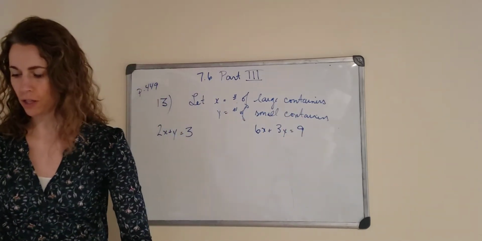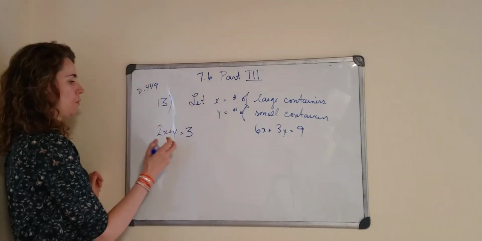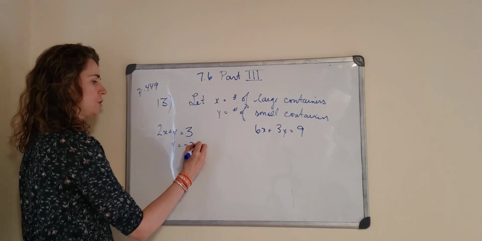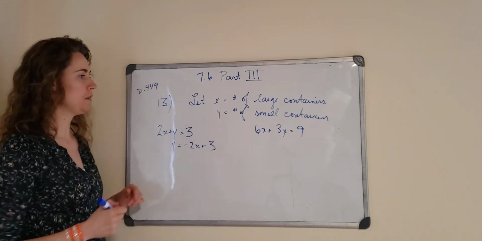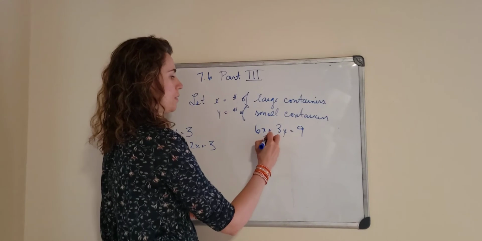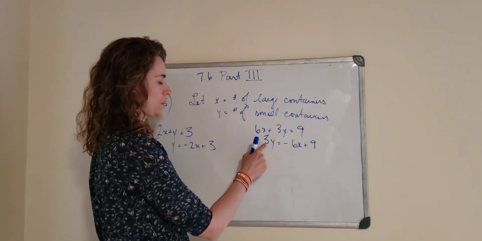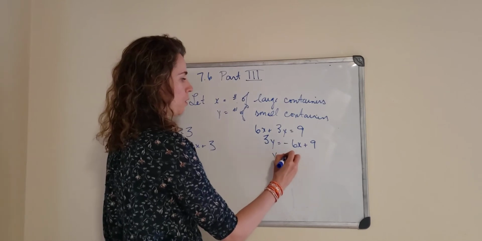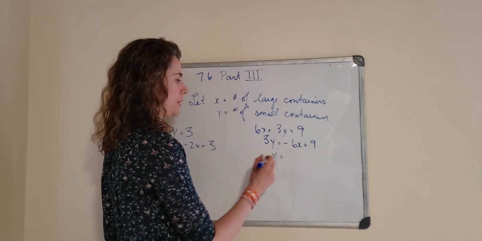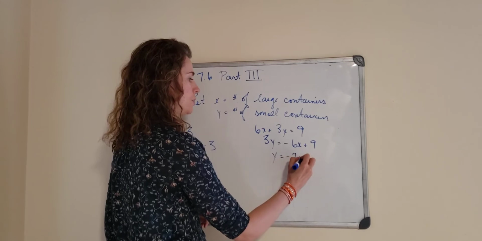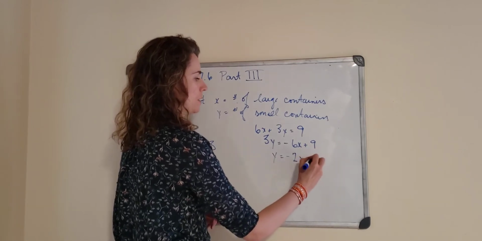Okay, so let's go ahead and do that though. Over here I have y equals negative 2x plus 3, done. Over here, 3y equals negative 6x plus 9. Oh, let's divide by 3. So I'd have y equals negative 6 divided by 3 is negative 2x, 9 divided by 3 is 3.